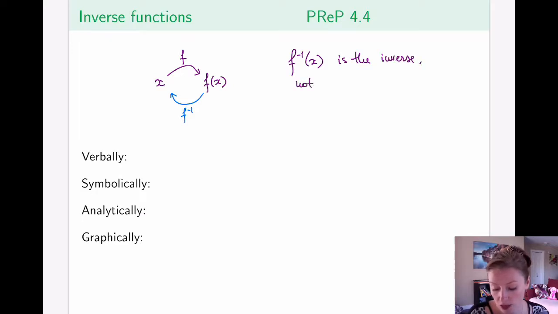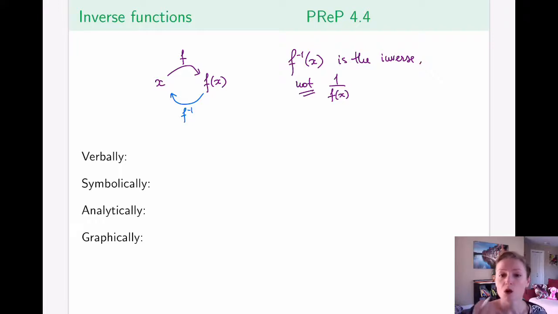So this is not the actual power. So this is not 1 over f of x, okay? The notation is not the best, but it is a good shorthand. We will talk about inverses a lot more than we will talk about the reciprocal, so it makes sense to use that as a shorthand, okay?